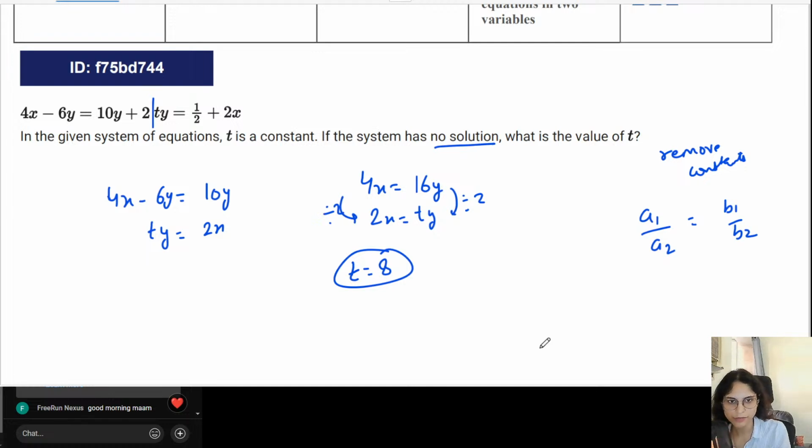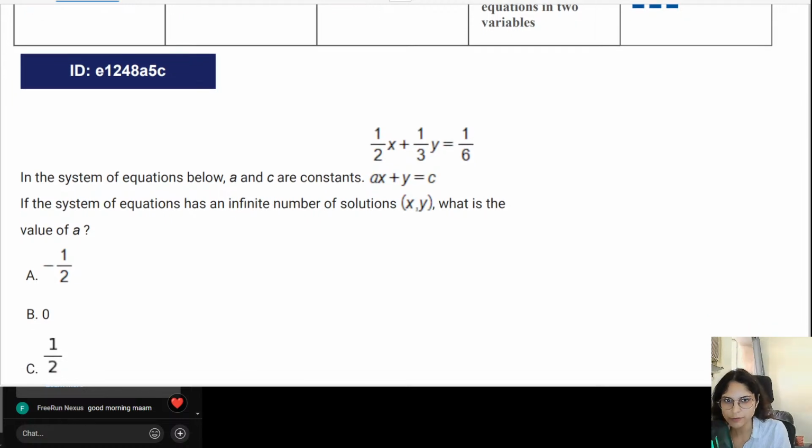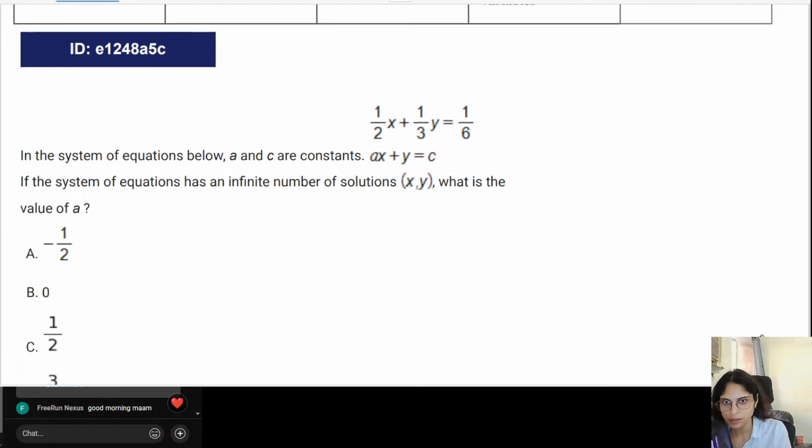Next is question number 25. Page numbers are the same. So again you have 1/2 x plus 1/3 y equals 1/6. Ax plus y equals c. Infinite number of solutions, that means the entire equation should be same.